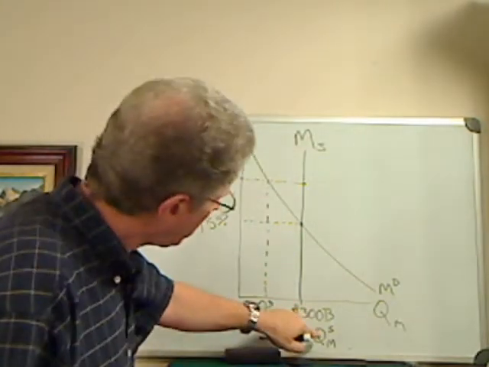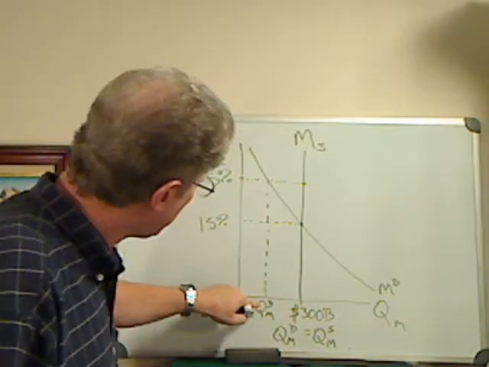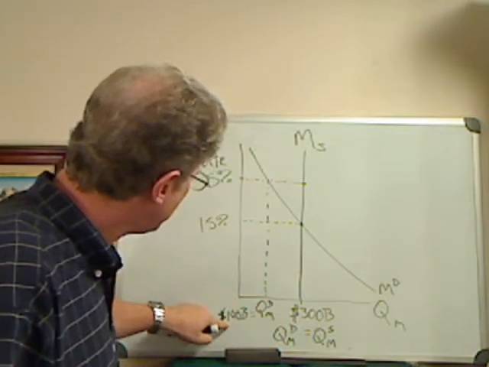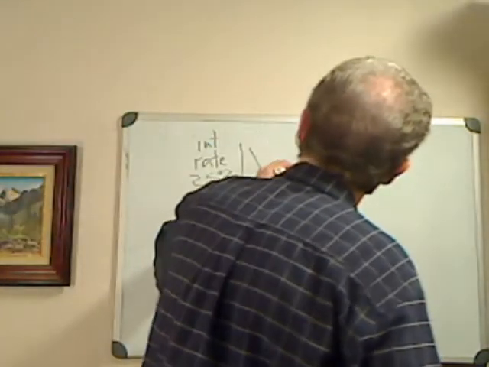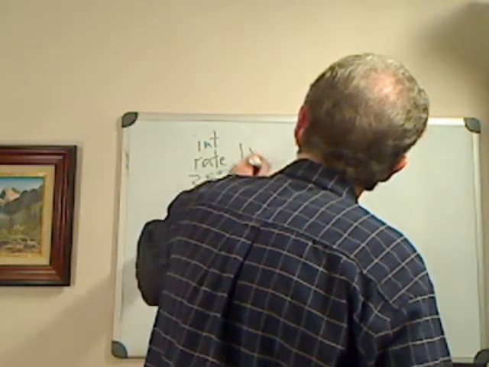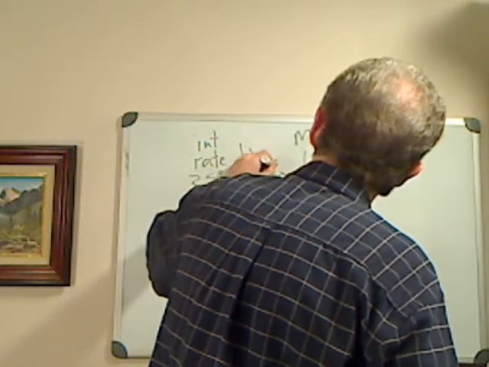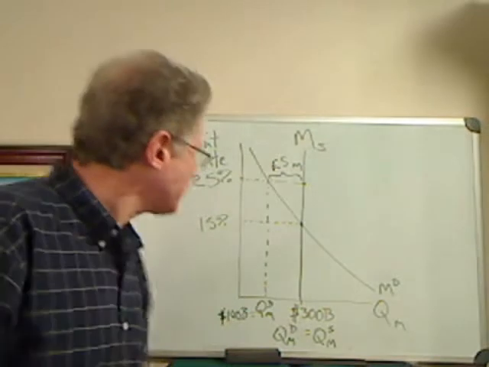So if quantity supplied is 300, quantity demanded is 100, clearly quantity supplied exceeds quantity demanded. We have a surplus or excess supply in what market? In the money market. Okay?